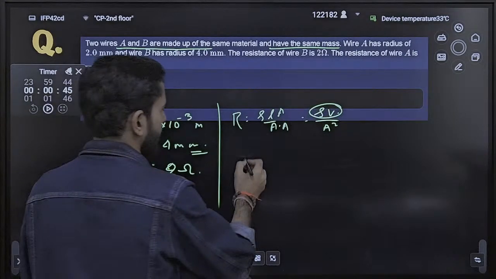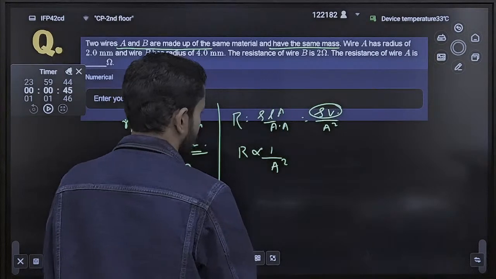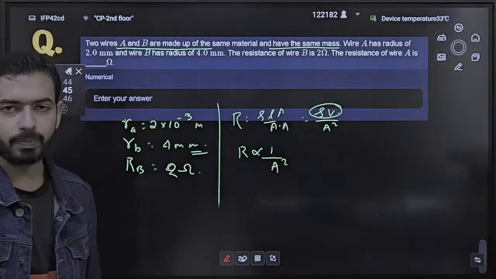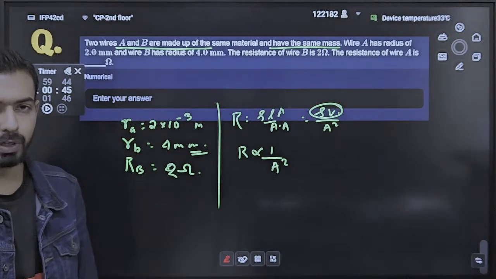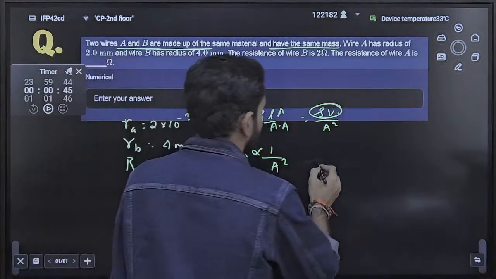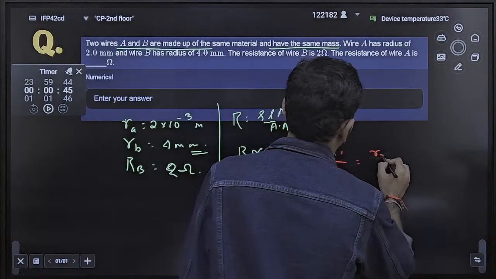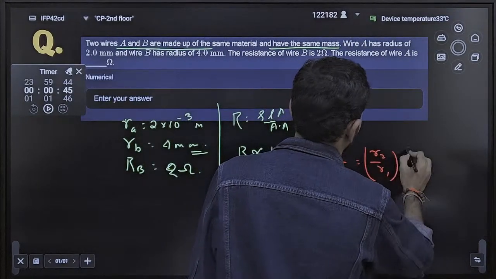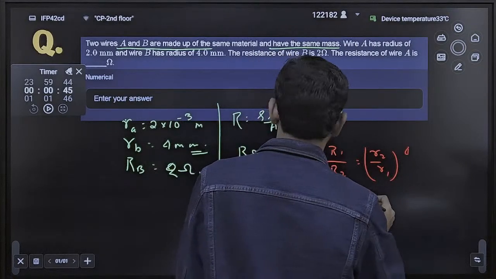That means resistance is inversely proportional to area square. Area is proportional to r square, so area square is proportional to r power 4. That means R1 by R2 is equal to r2 by r1 power 4. So what is the R2?